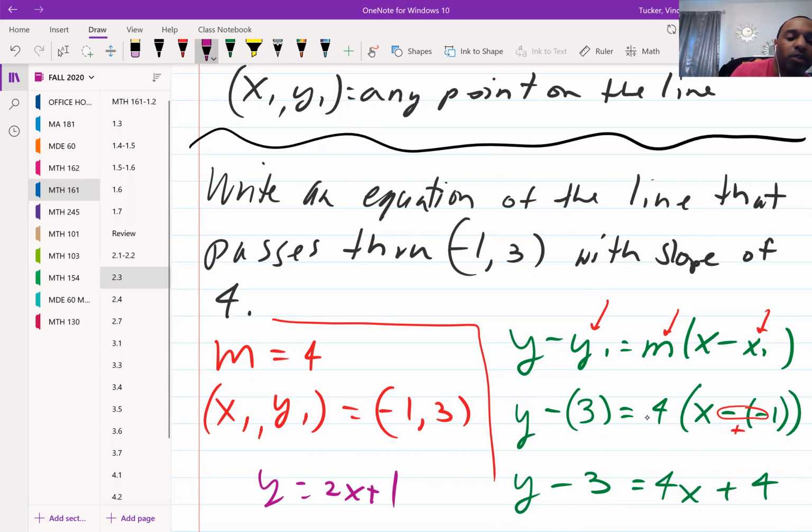So we're not substituting in for x and y, but we're substituting in for x1 and y1. So y1 is 3, your slope is 4, and then x1 is -1. Make sure you don't lose a negative. There's a minus sign in the formula, and you plug in -1.